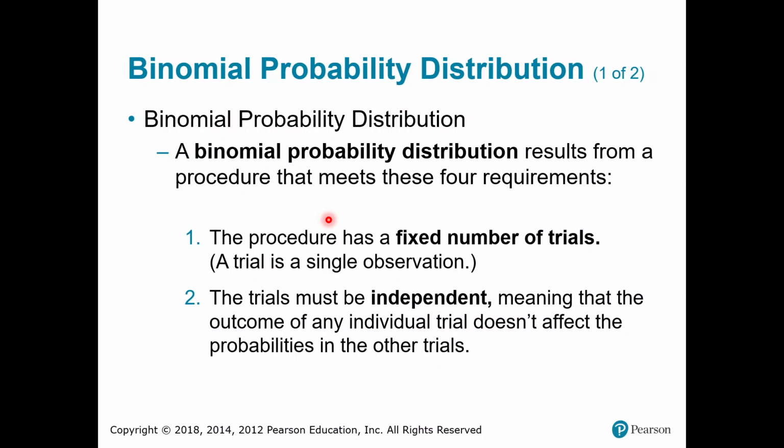For a procedure to be binomial, it must have these four requirements. First, the procedure must have a fixed number of trials. Second, the trials must be independent.